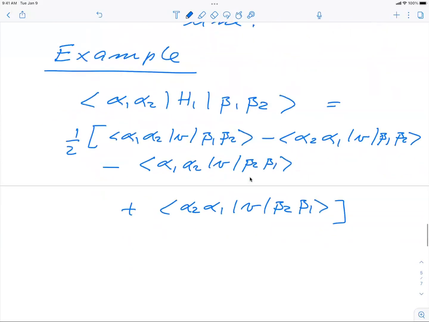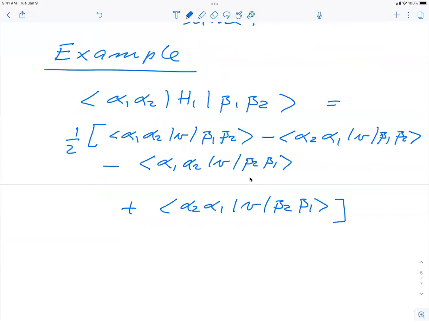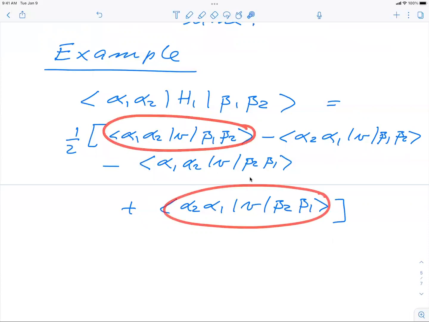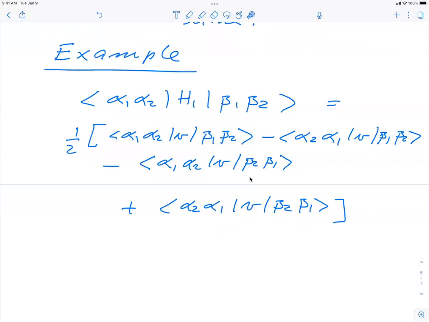And we could then use the symmetries. If we took this matrix element here and interchanged two particles, we could show that by changing the indices this matrix element and this one are the same. And this matrix element here is the same as this one, as long as we had both translational invariance and this permutation symmetry.